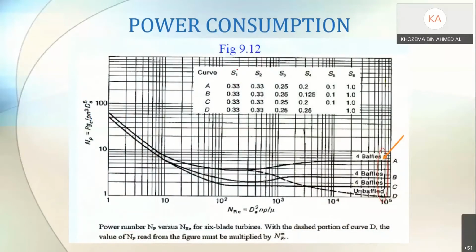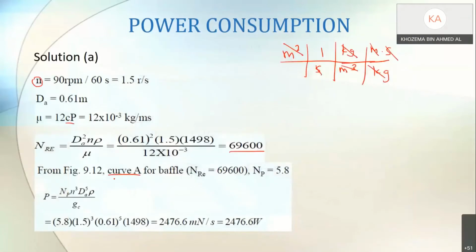I can find the value of S1, S2, S3, S4, S5, and S6. Usually the values you can find are S2 maybe, and S4. Because if you see here, all the values are the same for S1 until S3. So based on the value of S4 and S5 and maybe S6, I know that the curve that I'm using is curve A, right? So that's why I state here I'm using curve A.